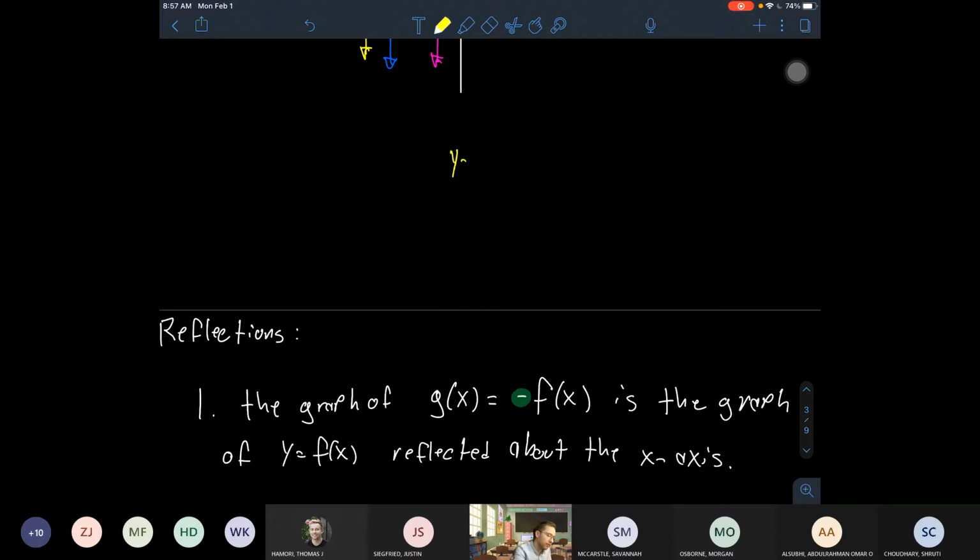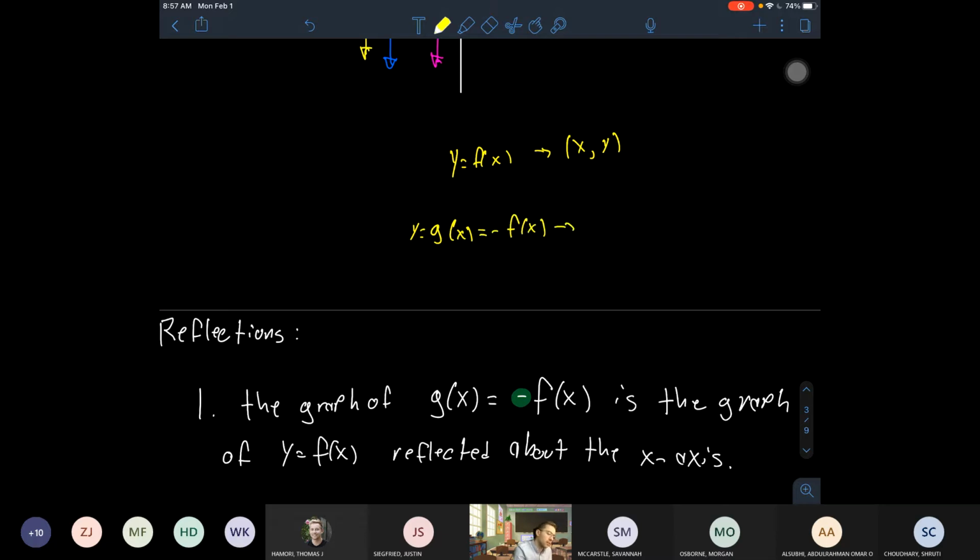If we have y equals f of x, this gives us the point x comma y. And we take some other line, y equals g of x equals negative f of x.